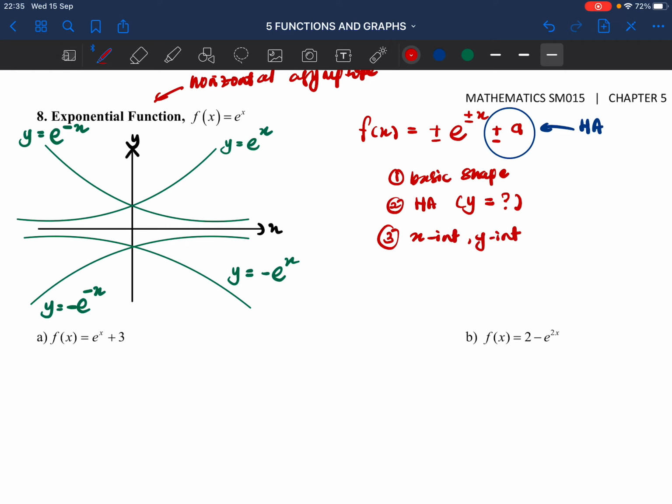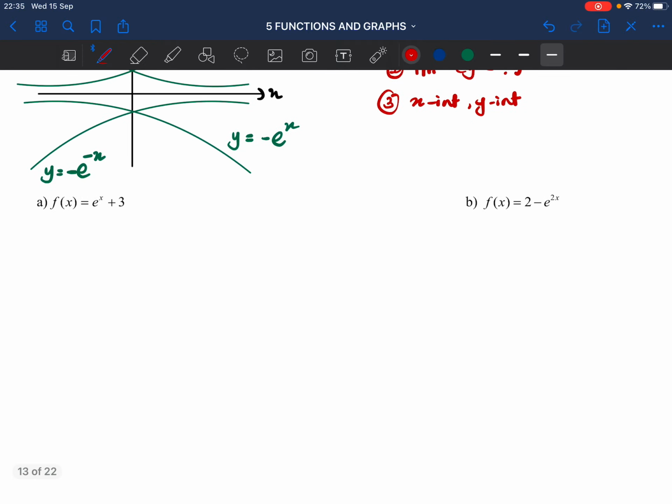Okay, so let's look at question A. We have f(x) equals to positive exponent x plus 3. So first we have to determine the shape. So depan exponent positive, x pun positive. So maksudnya berada di kuadran 1. Okay, positive x, positive y berada di kuadran 1. Okay, ini bukan graph shooting stars, dia ialah eksponen.